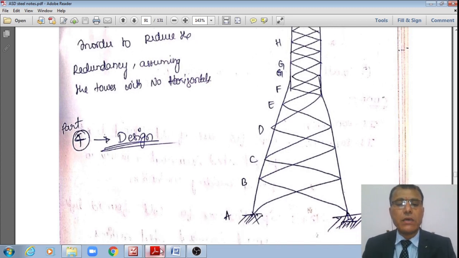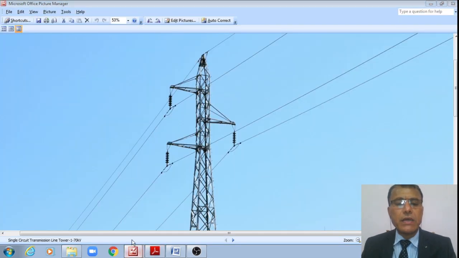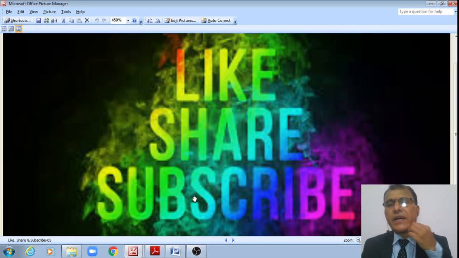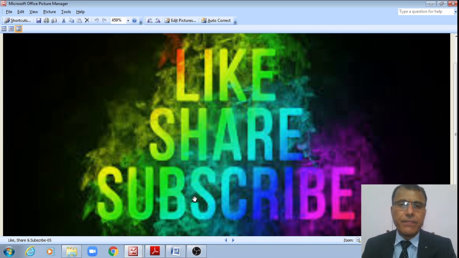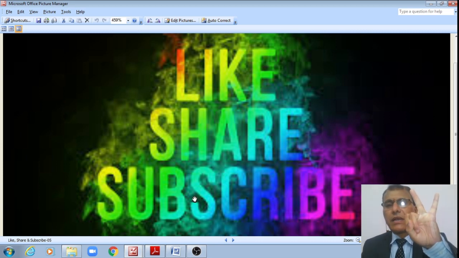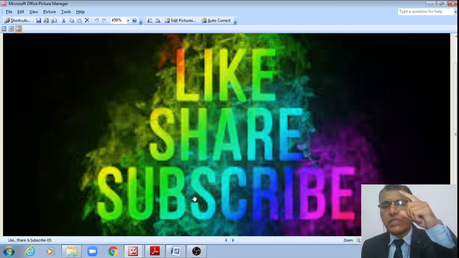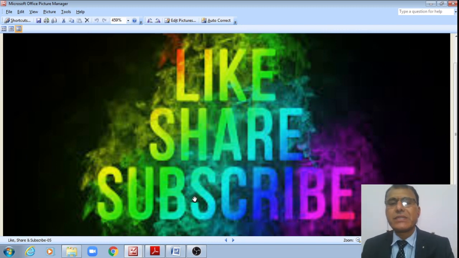I think now we'll try to conclude, students. In today's class, we have seen the discussions on the analysis. First, we fixed the geometry and found the lengths, and later we found the various forces, such as lateral forces on the members, lateral forces on the ground wire, lateral forces on the power conductor, the vertical forces, as well as the unbalanced loads.